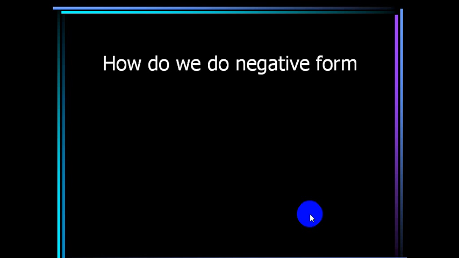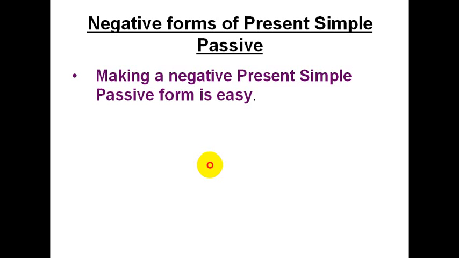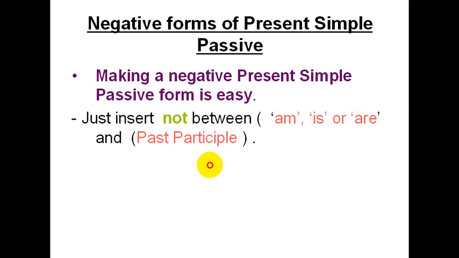So how do we do negative form of present simple passive? Making a negative present simple passive form is easy. Just insert not between am, is, or are and past participle. Let us see the example.